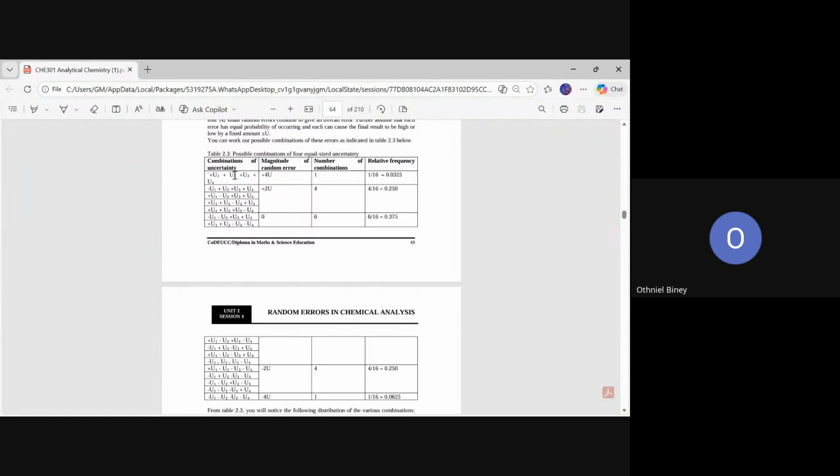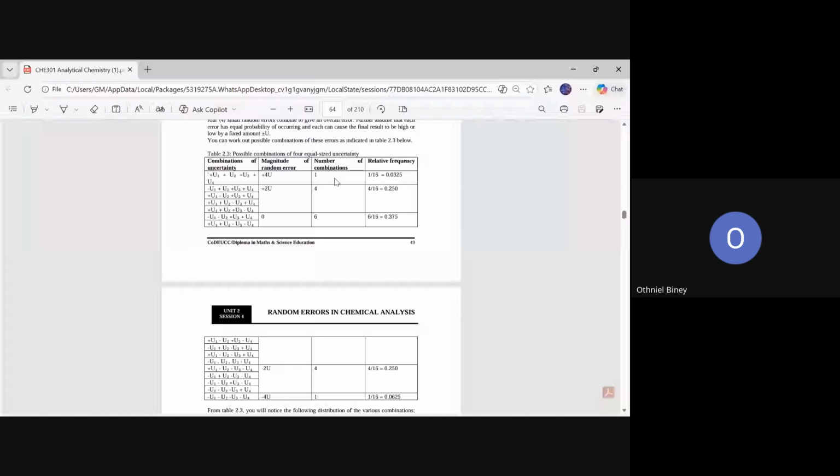The number of combinations is simply how we can change this. This is just positive signs throughout, so you can't really change it in any way. If you put a positive sign here, you are still going to get the same result because the positive sign will run through.